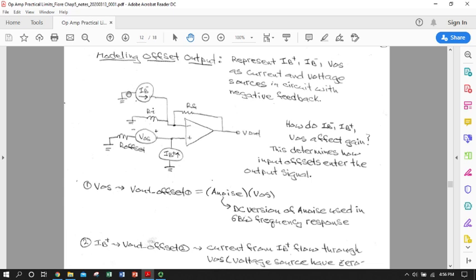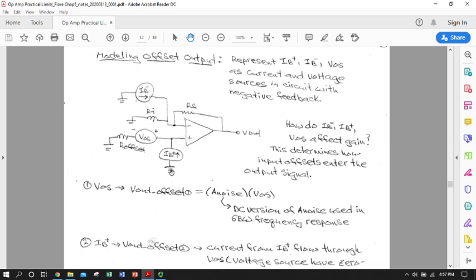We're going to assume that we have an ideal current source feeding the inverting terminal with a current equal to IB inverting that we take right off our spec sheet. And remember, an ideal current source has infinite impedance, so it can't provide another path to ground. It just pumps current in. And we have another ideal current source that provides a current equal to IB non-inverting, feeding right into the non-inverting terminal.